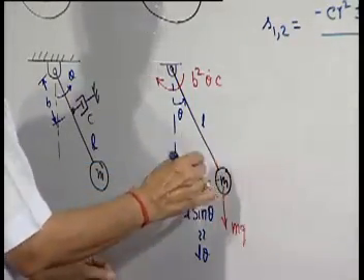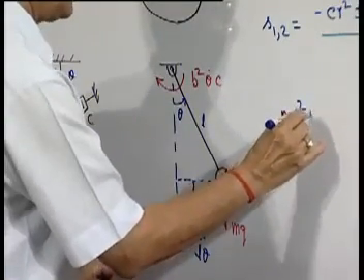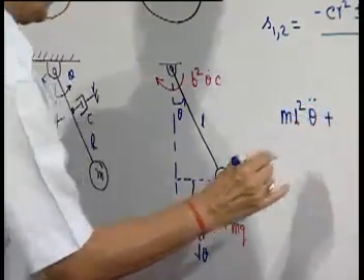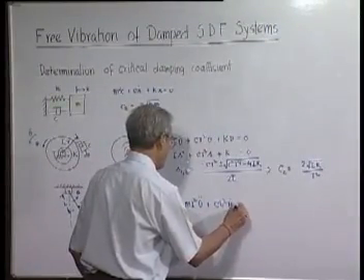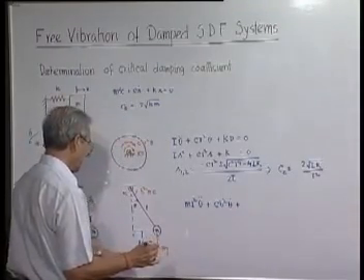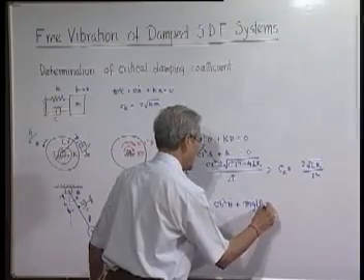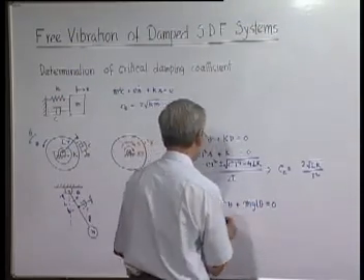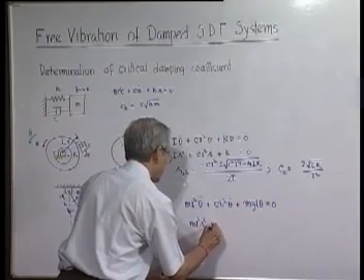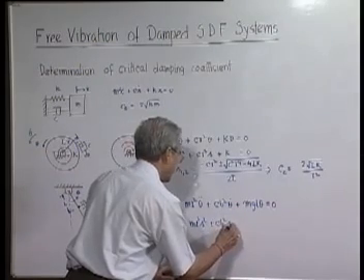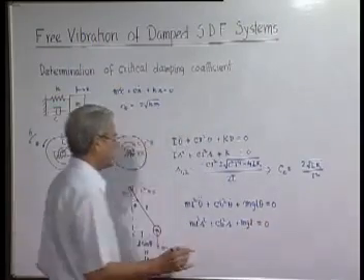So therefore, the moment of inertia term is m L square into theta double dot plus c b square theta dot plus m g L theta is equal to 0, and obviously m L square s square plus c b square s plus m g L equal to 0 is the characteristic equation.